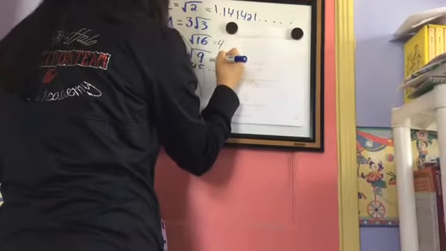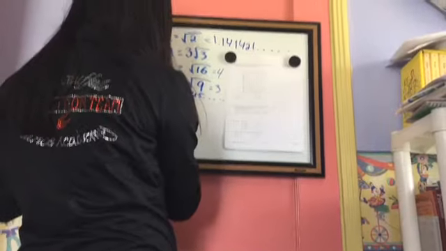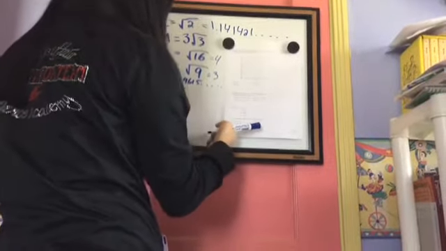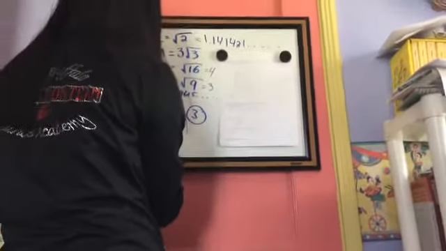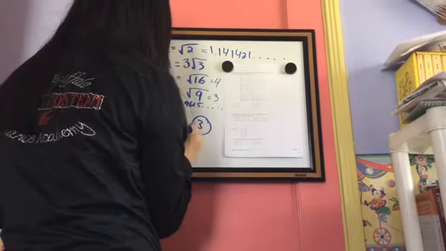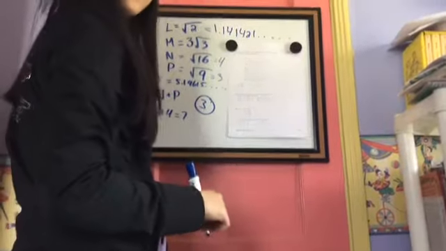But the square root of 16 is equal to 4, and the square root of 9 is 3. And so n plus p would be the rational one, which is number 3, because 3 plus 4 is equal to 7, and that's rational.